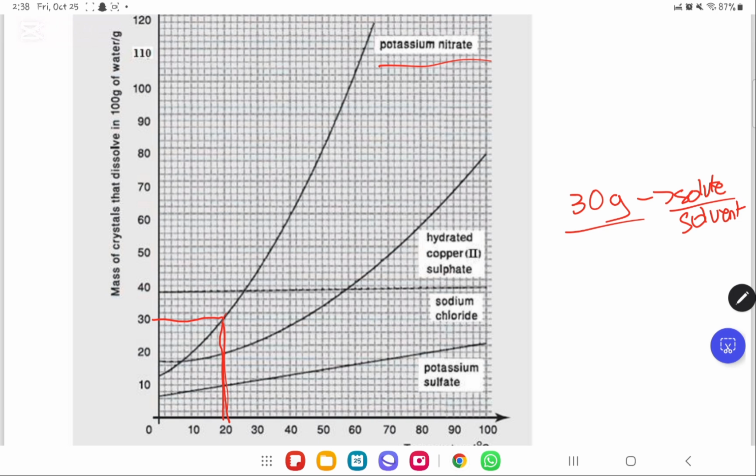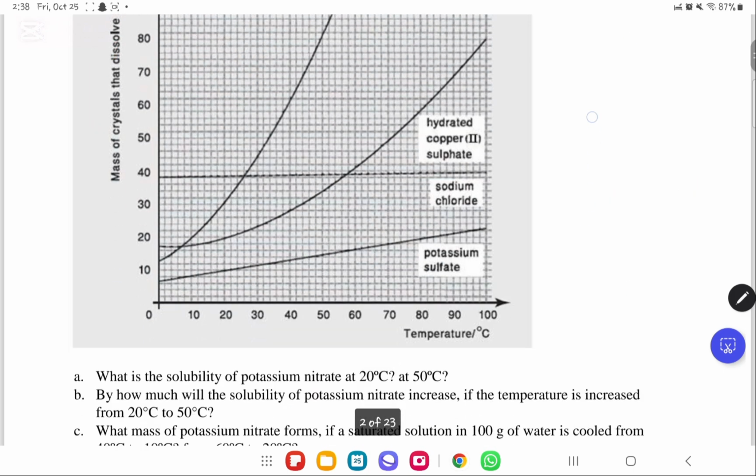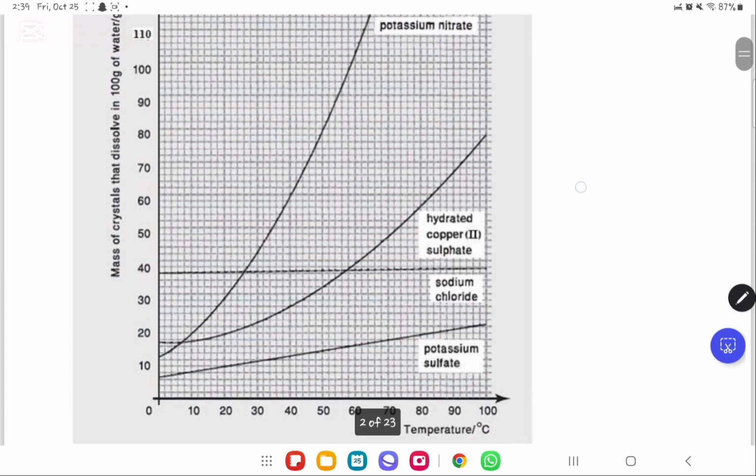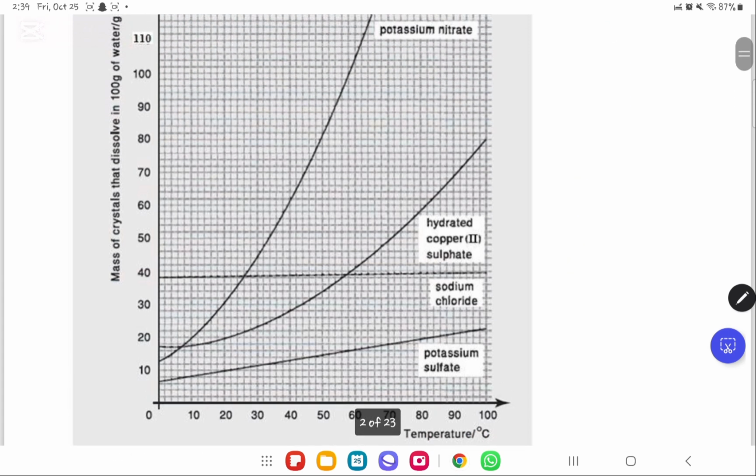So they told us the mass of solvent is 100 grams, so 100 grams of the solvent, which is water. So the solubility of potassium nitrate at 20 degrees Celsius is 30 grams of potassium nitrate over 100 grams of water.